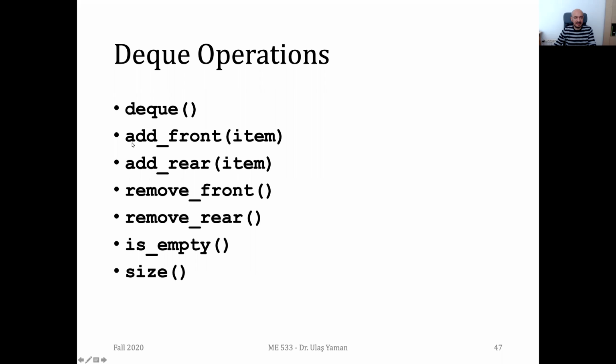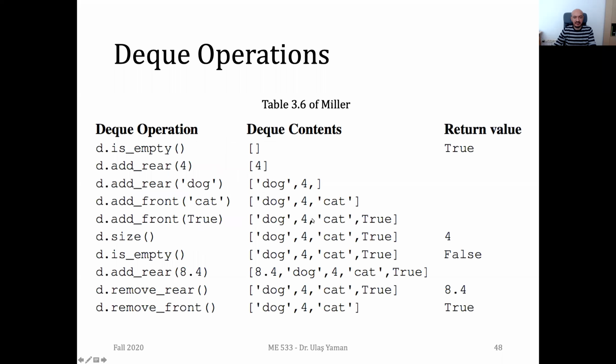Now let's have a look at add operations. We are adding an item to the front or adding an item to the rear end of this linear data structure. We have the same ones for the remove operations. We can remove from the front or from the rear end of this data structure.